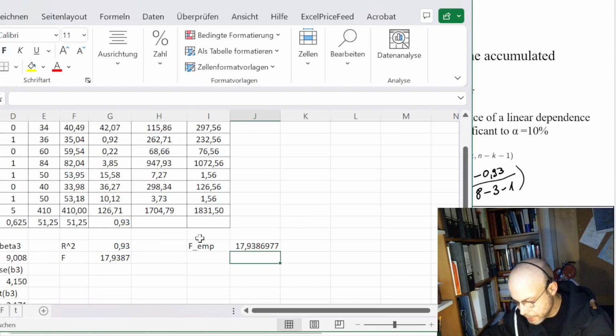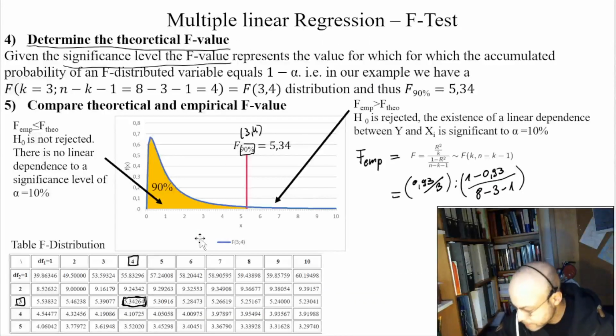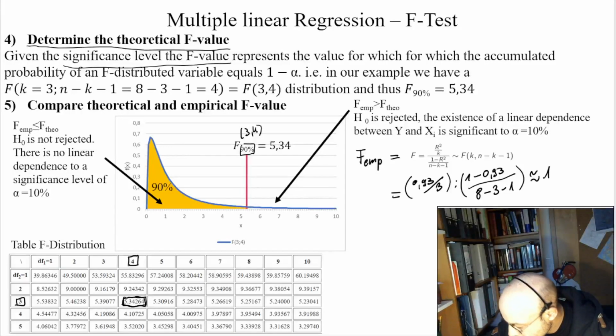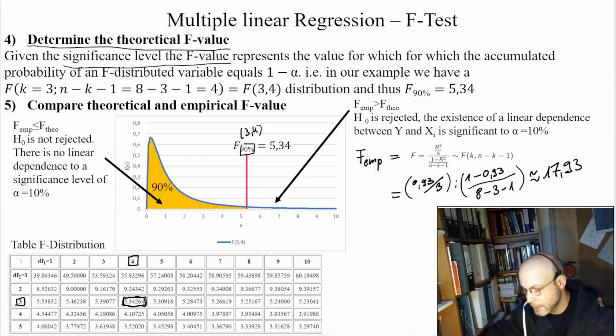So we have an empirical value of 17.93. And this means we are here in this region.